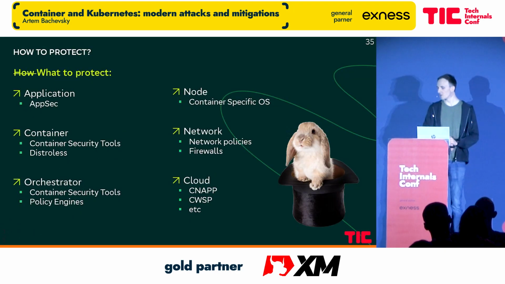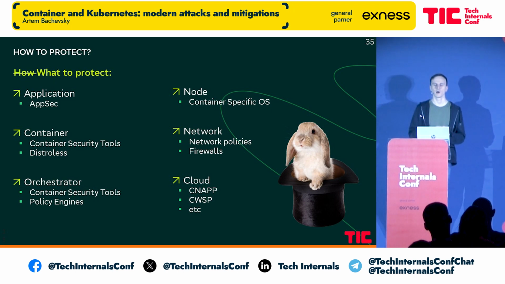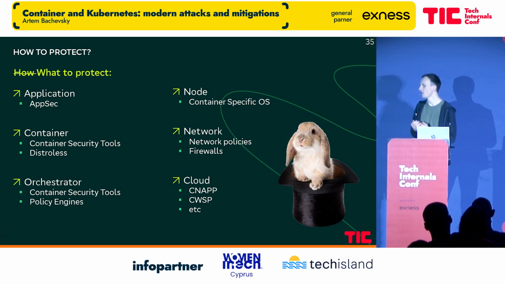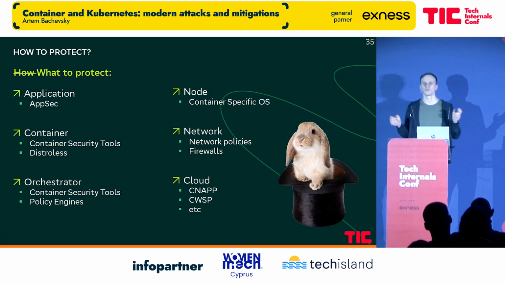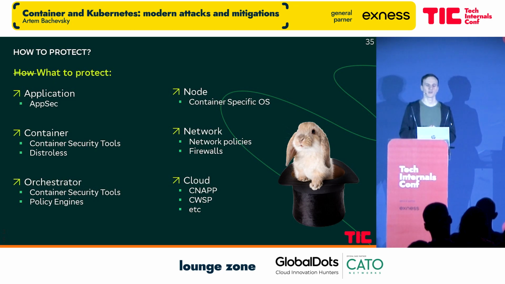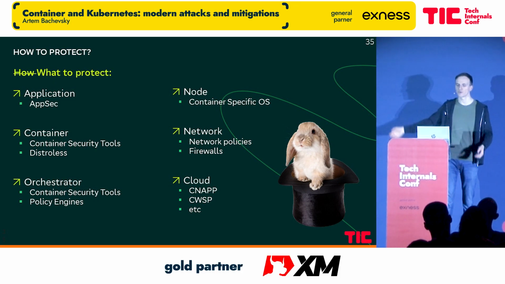OK. When I started to prepare this talk, I added a slide with the name "How to Protect," but then I understood that it's a huge amount of information, and how to protect is hours and hours of talk.